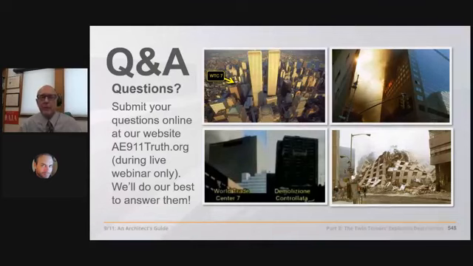They pulled the rug out from underneath. They said the fire could not have brought that building down. The NIST assumptions were erroneous, and they had to take out several key structural components that would have kept this building from ever collapsing, in order to try to get it to collapse.